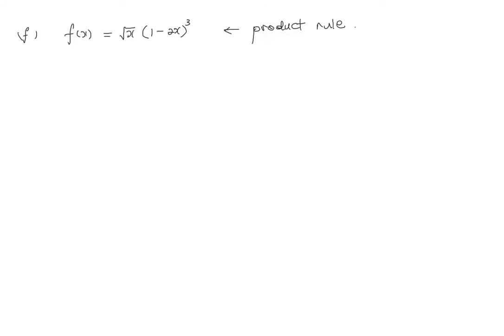Product rule is for the product of two functions only. So if I have f(x) equal to two functions, one function I call u, the other function I call v. I write down the function u, in terms of x, and I get u prime x.